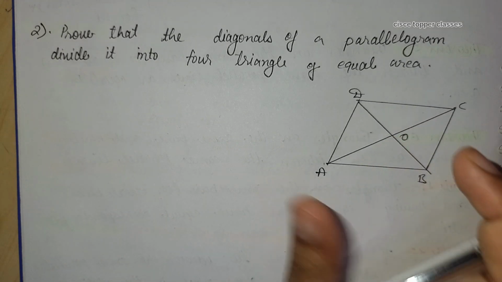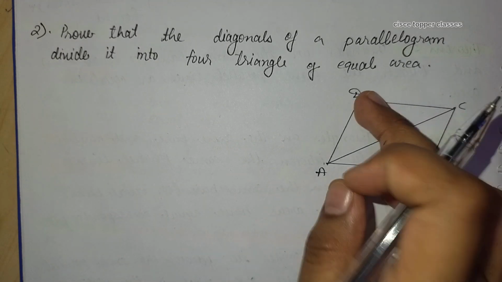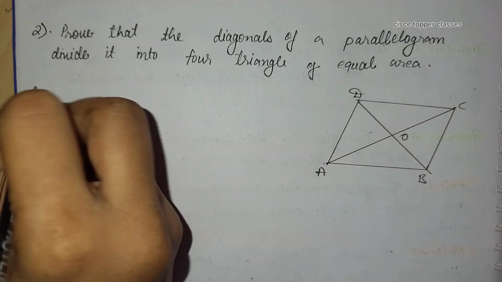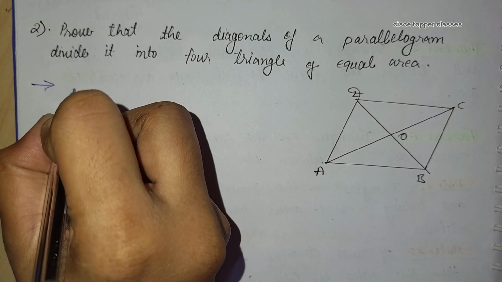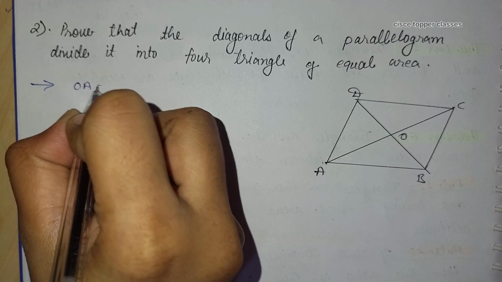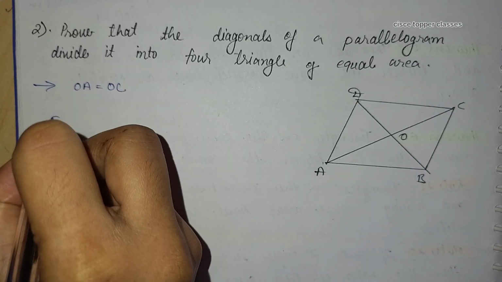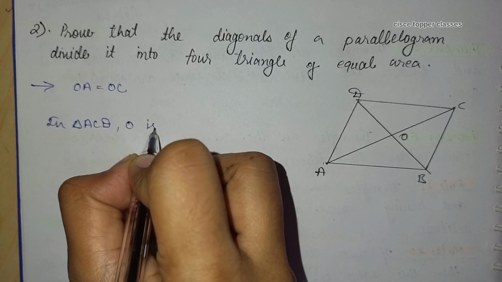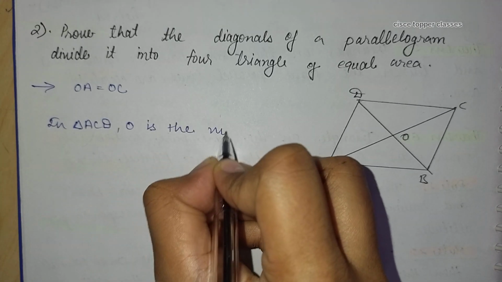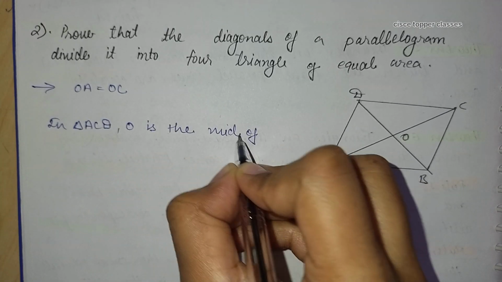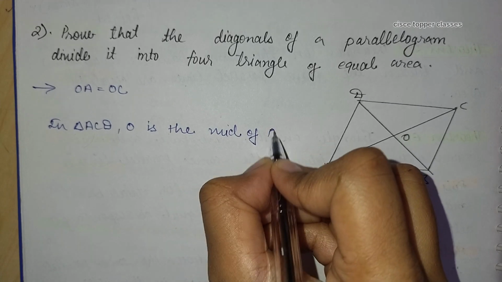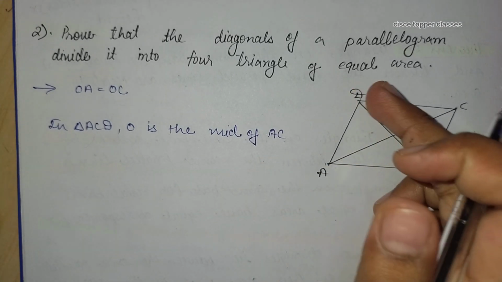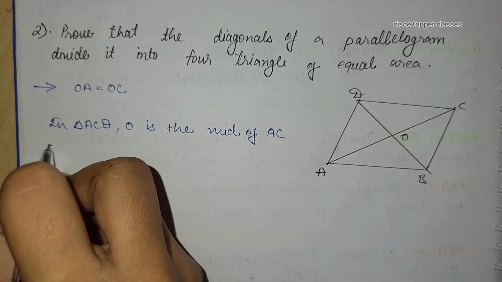Here it is given that, because in a parallelogram the diagonals bisect at a point, let it be O. Because they bisect, it is given to us that OA is equal to OC, and in triangle ACD, O is the midpoint of AC here. If O is the midpoint, we can see that DO is the median here.